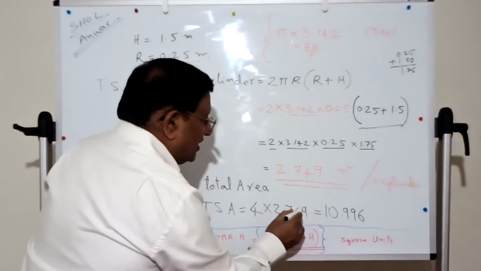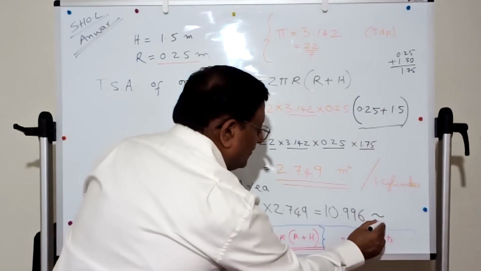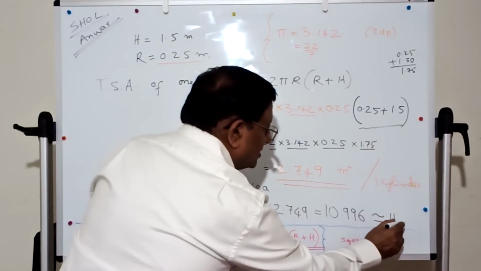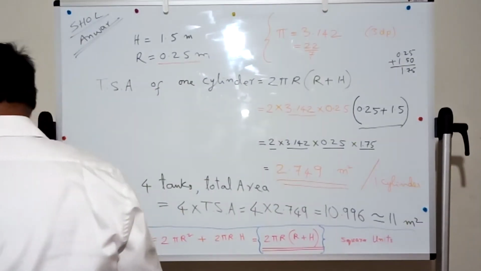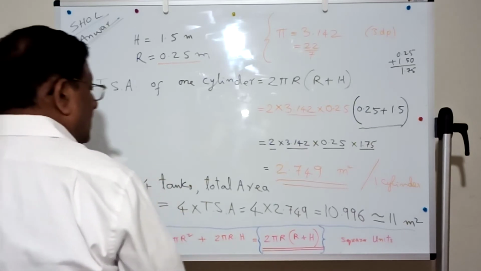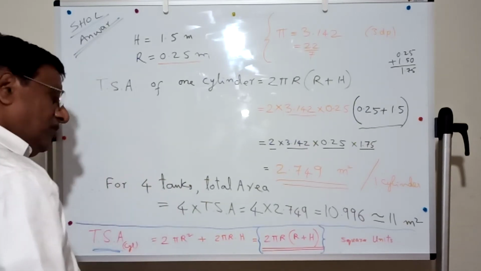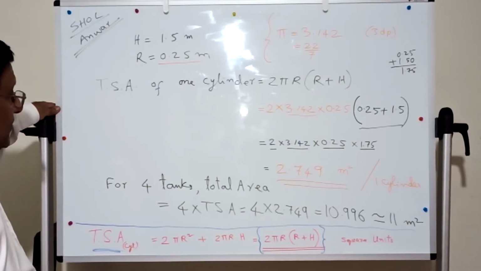The exact equal to has two straight lines, but here it is approximately or nearly equal to 11 square meters. And that is all for 4 tanks. We need 11 square meters to be covered.